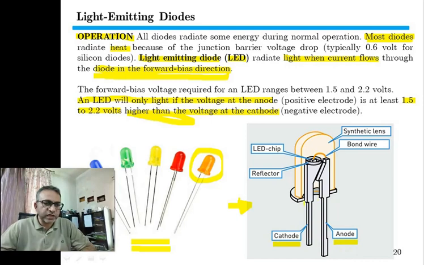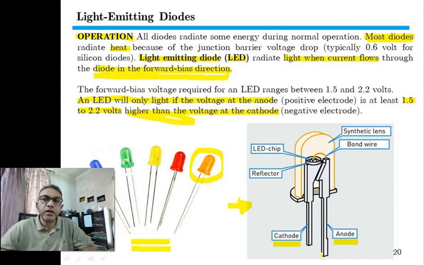Before proceeding with the construction, I would like to share with my students that simple two terminals become very difficult to identify. So the manufacturers, when we purchase an LED, we will observe that one terminal is of shorter length and one terminal is of longer length.